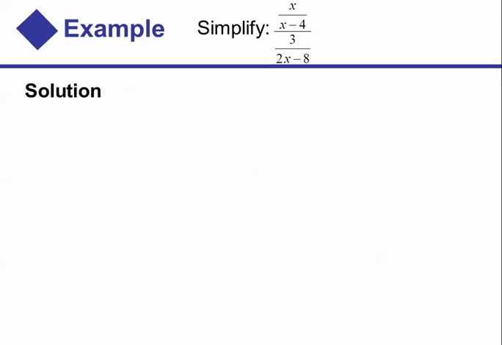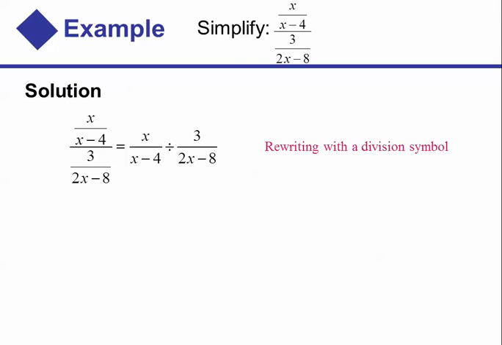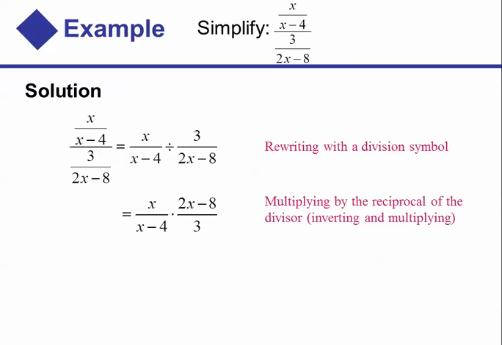So what we're going to do is we're just going to rewrite this using a division symbol instead of a fraction bar. Now it looks more like a problem you've seen before, and we know that we can keep the first rational expression the same, change to multiplication, and flip the second rational expression.